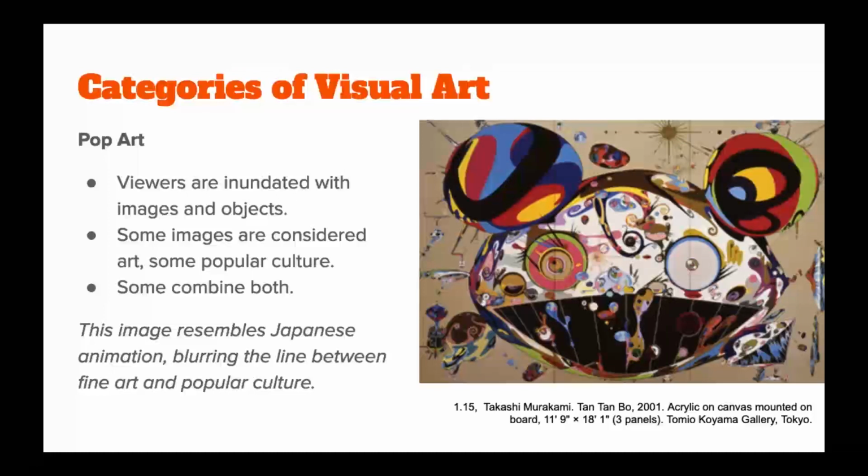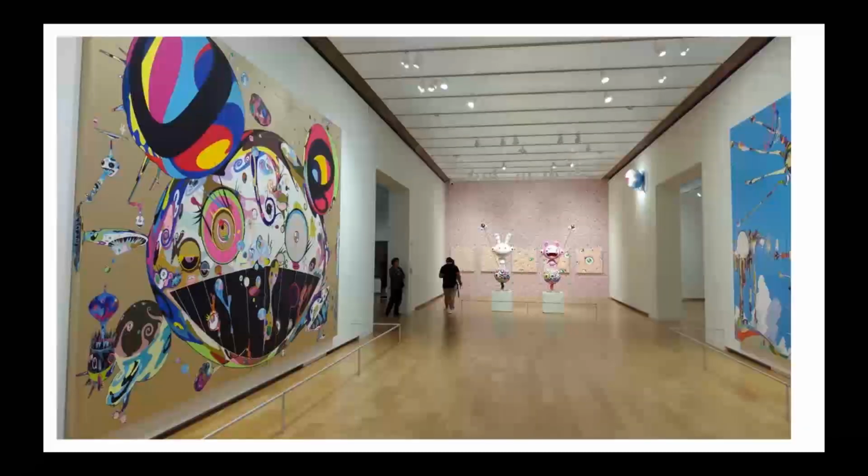That can be considered more pop culture, whereas it could also be an artist who makes a painting that references pop culture, right? And some of them combine both. Takashi Murakami is a Japanese artist, and he makes a lot of pop culture work that criticizes, talks about, and responds to Japanese pop culture. How many times am I going to say pop culture? I don't know, but I'll keep saying it.